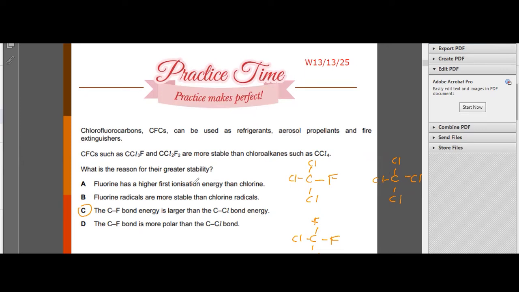And then the question states that this is more stable compared to CCl4. So that means the presence of fluorine affects the stability. Asking why? This is because the C-F bond is very strong, so it needs very high energy to break it. So that's why it is more stable compared to the chloroalkene.